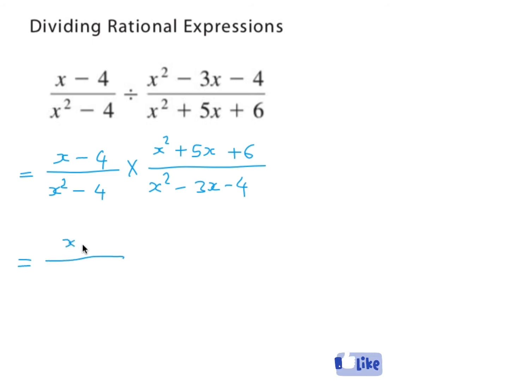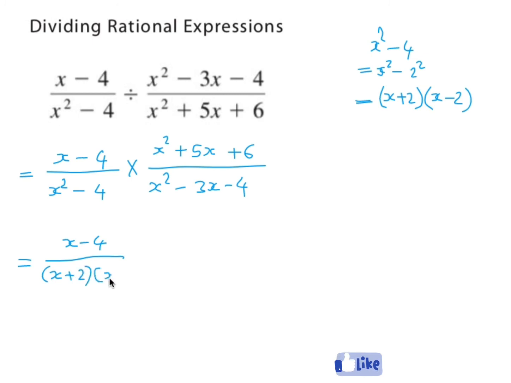So x minus 4 we can write as it is. x square minus 4 we can write as x square minus 2 square. So here we can use the difference of squares formula, like a plus b, a minus b. So we can write x plus 2, x minus 2 and multiply.